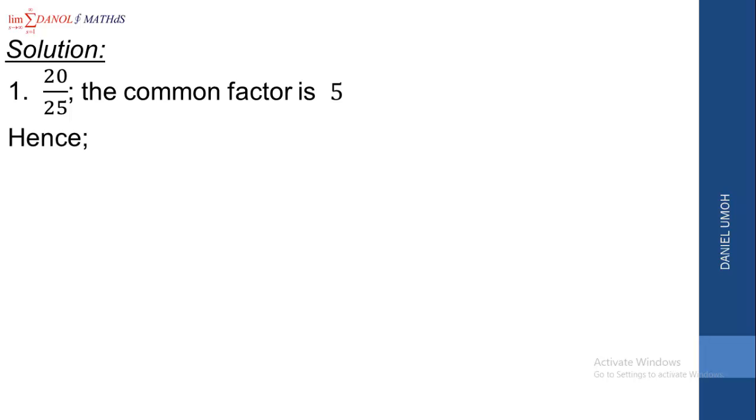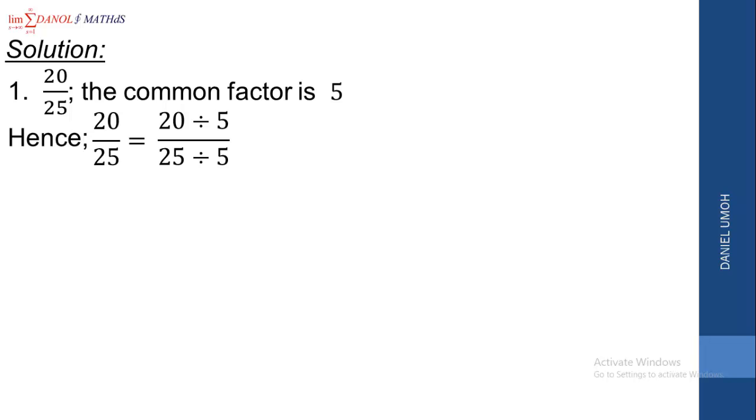Okay, so since we've known the common factor to be 5, it means that 20 over 25 is equal to 20 divided by 5 all over 25 divided by 5. Remember, we said that to reduce a fraction to its lowest term, we are to divide the numerator and the denominator by the common factor.